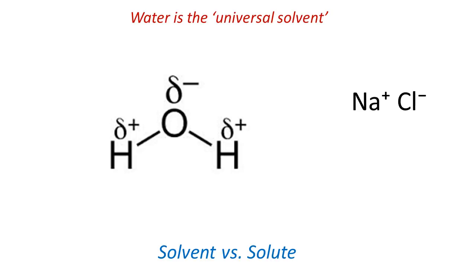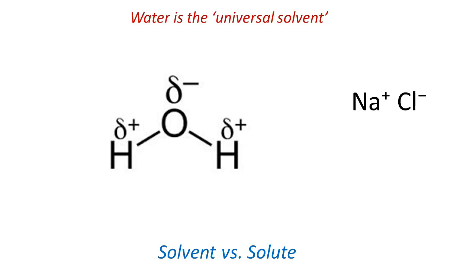If we take a molecule of sodium chloride, which is salt, the positive charge on the sodium ion is attracted to the negative charge of the oxygen atom, and the negative charge on the chloride ion is attracted to the positive charges of the hydrogen atoms. This will dissociate, or break apart, the sodium chloride molecule and basically dissolve it within water.